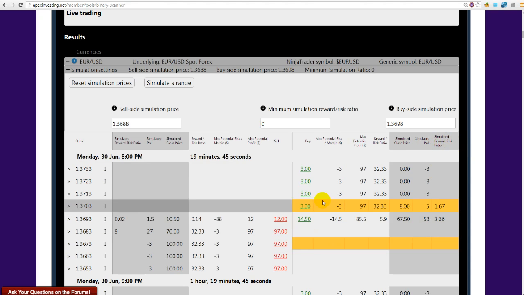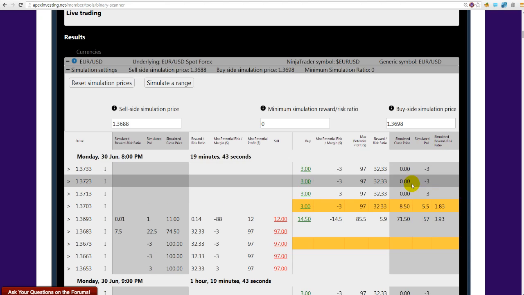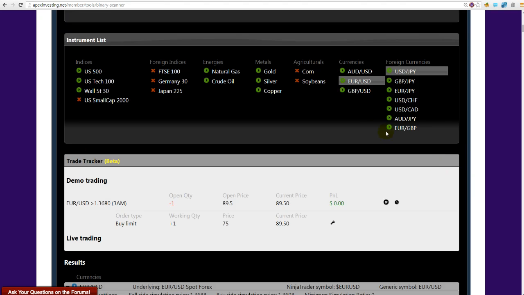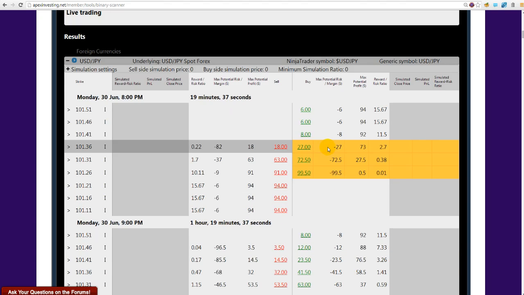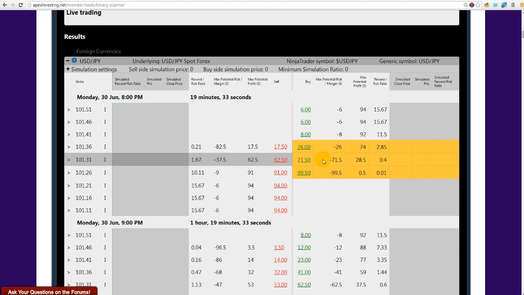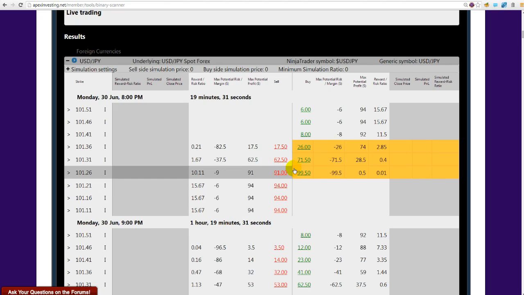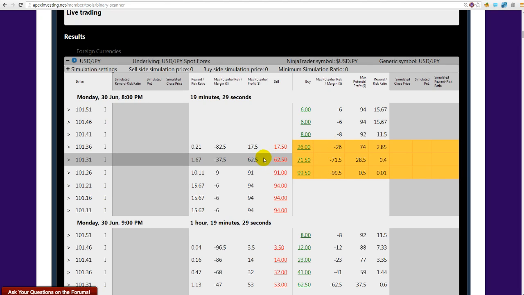So if I want to try to get out at 50, if it goes against me, obviously my risk reward is not that great. But if I go up here and look at US yen, I could buy for 27, or maybe I buy for 71 for an in-the-money trade, and I could get out when it hits 50. Or I could sell for 62 and get out if it hits 50. So being closer makes it easier for me to find an in-the-money and an out-of-the-money contract.